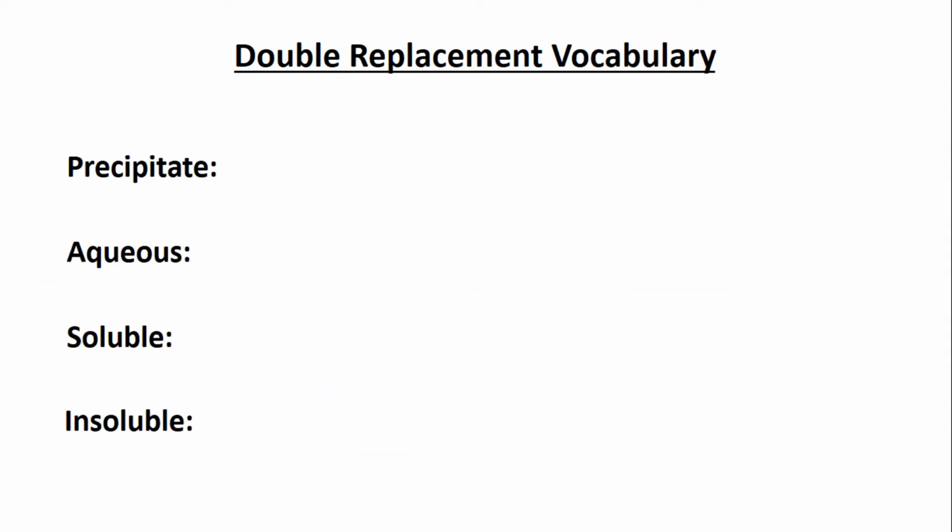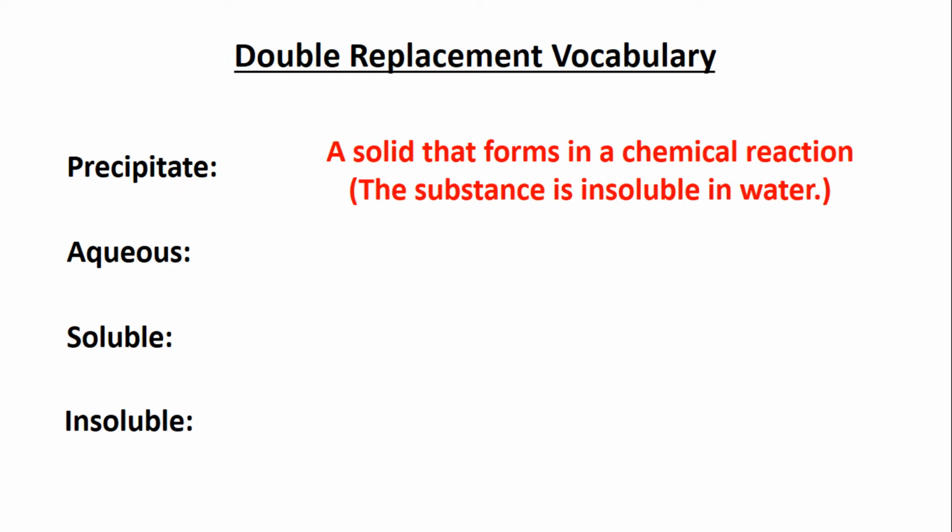There's a lot of vocabulary related to double replacement reactions, and so there are 4 terms that I'd like to talk about briefly. I earlier mentioned a precipitate. A precipitate is a solid that forms in a chemical reaction. We said that means it's insoluble. It looks cloudy. The word aqueous is a fancy way of saying the substance is dissolved in water.